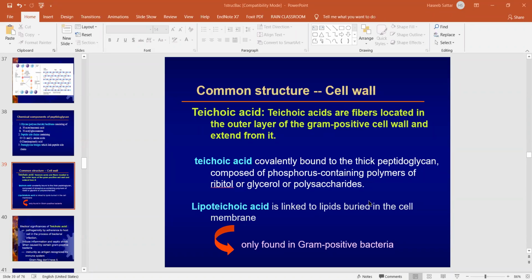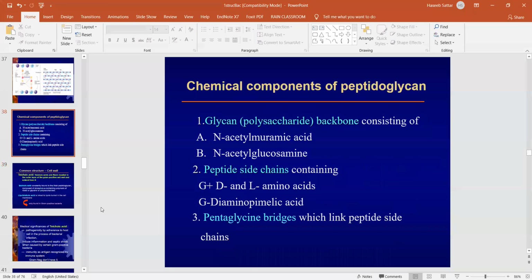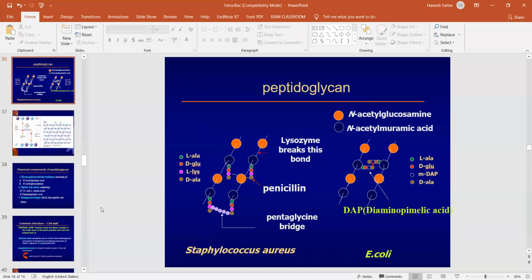Some fibers penetrate and are covalently linked to the lipid molecule in the cytoplasmic membrane, and they are called lipoteichoic acid.